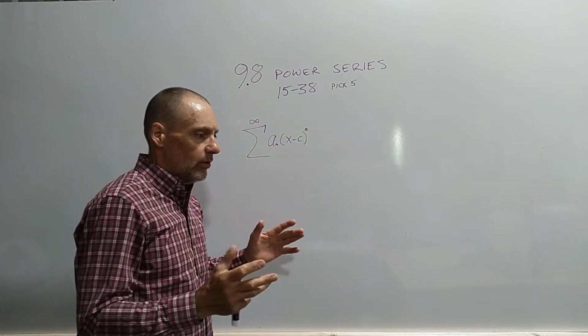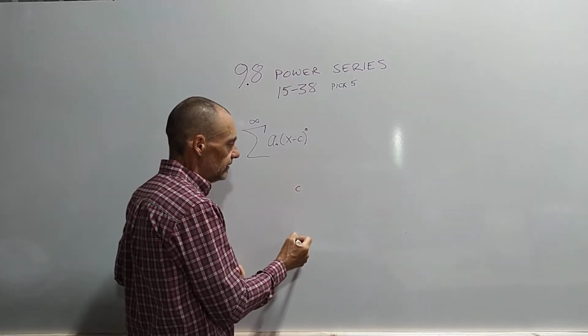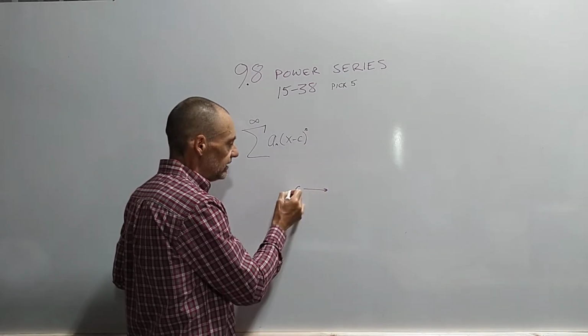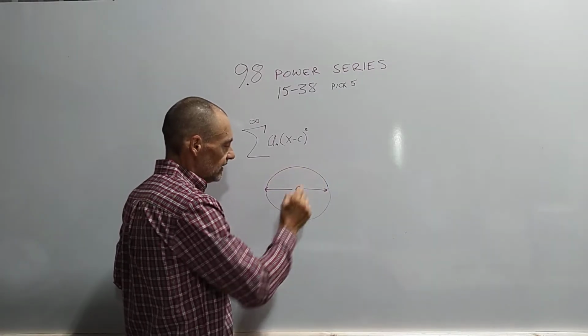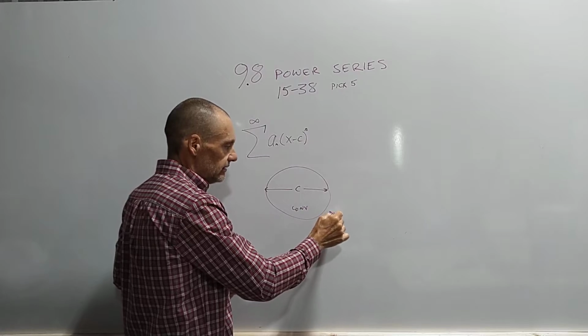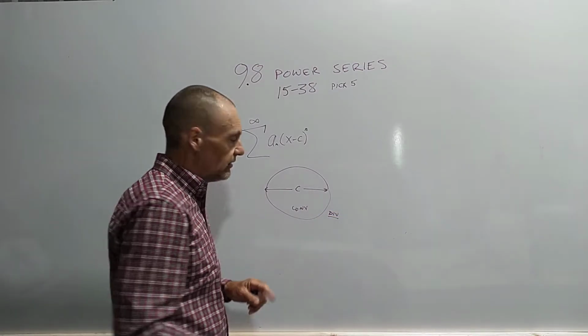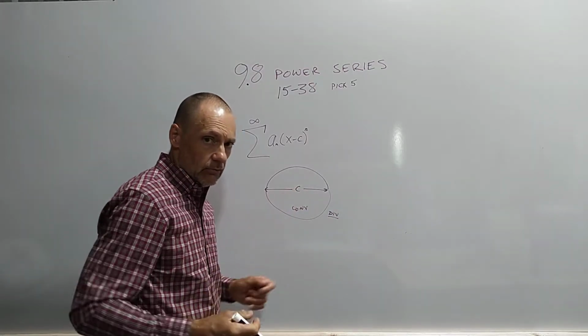Somewhere around C, you're going to have a domain, and inside this domain, it'll converge, and outside, it'll diverge.